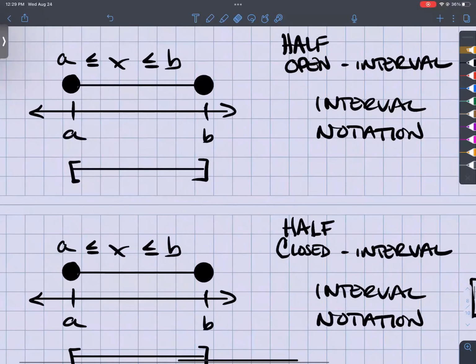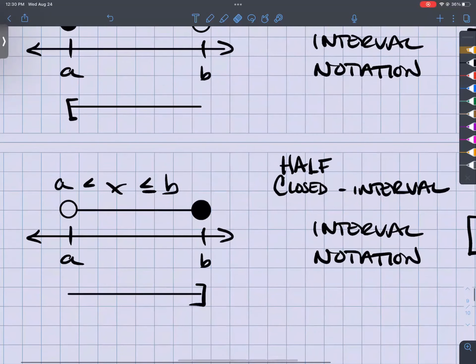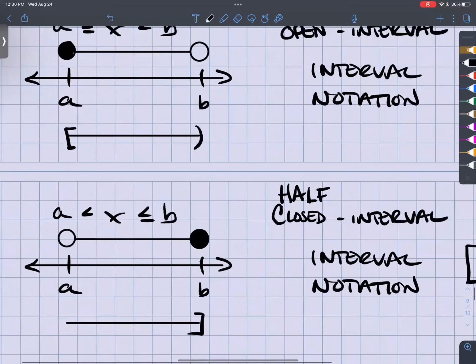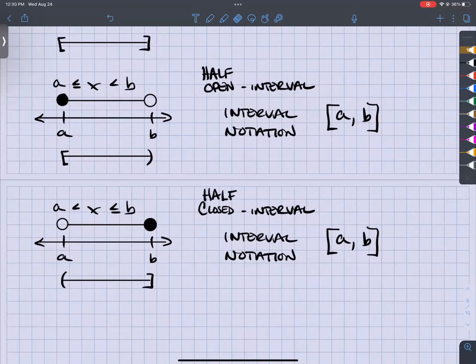Like that, and like that, and then like that.